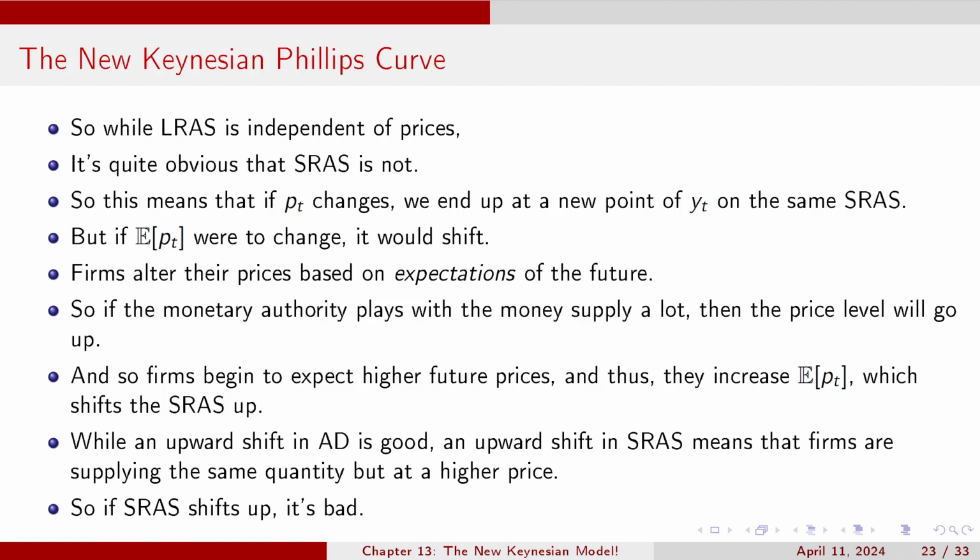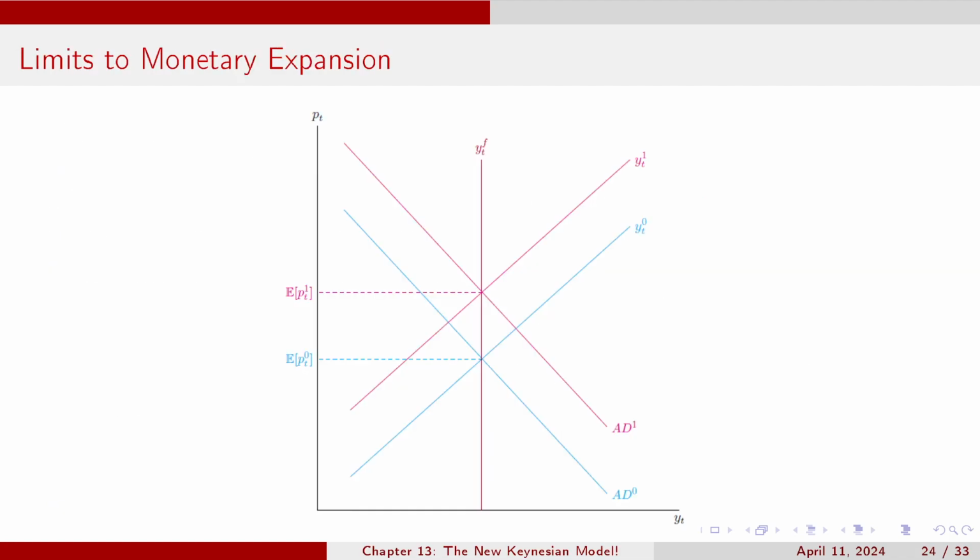So if the monetary authority screws with the money supply, then the price level is going to go up, and firms expect that moving forward. They're going to expect higher prices in the future, so they're going to increase their expected price level, which shifts short-run aggregate supply upward. An upward shift in short-run aggregate supply means firms are supplying the same quantity, but now at a higher price. So if short-run aggregate supply shifts up, it's bad.